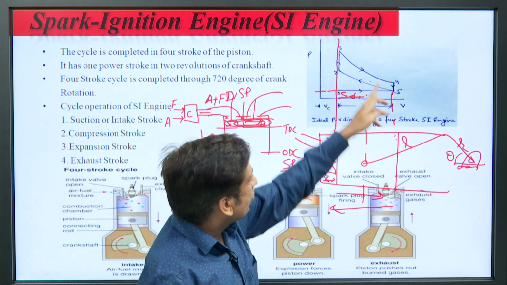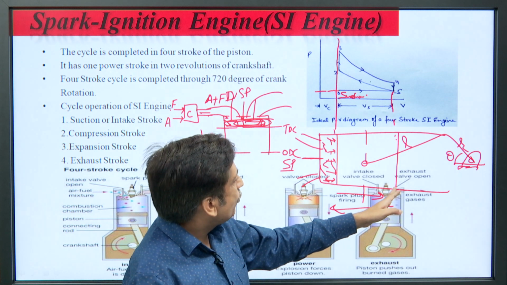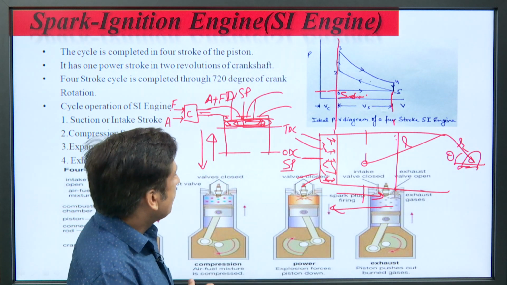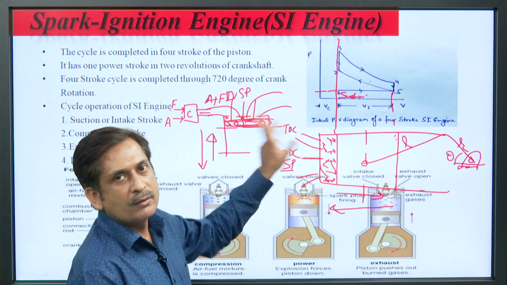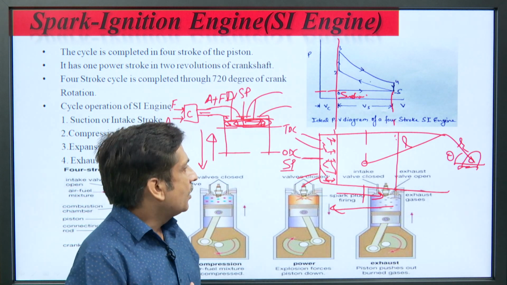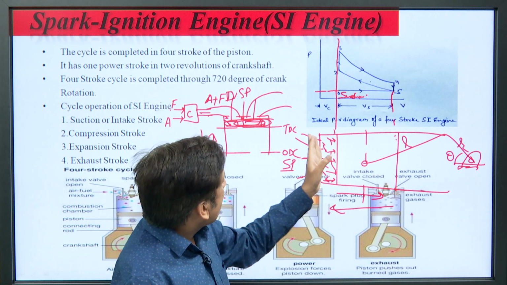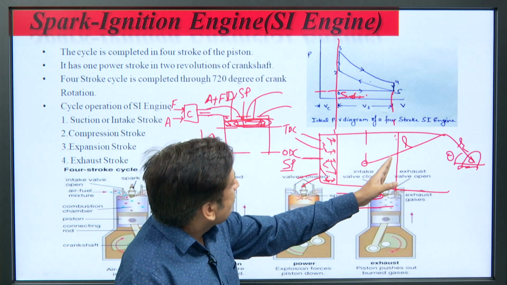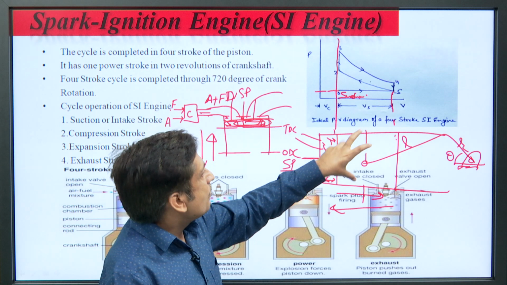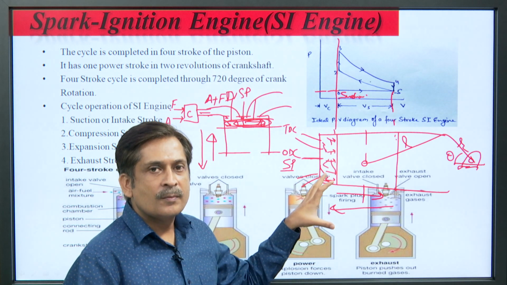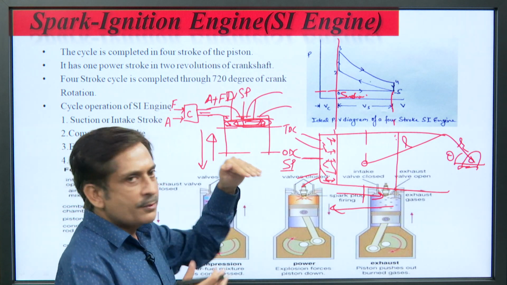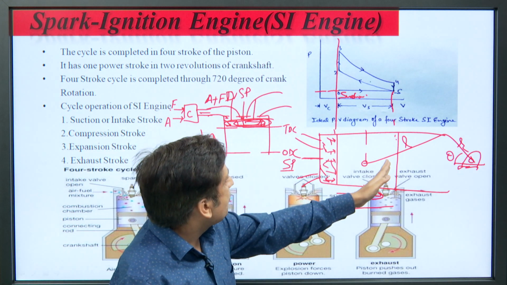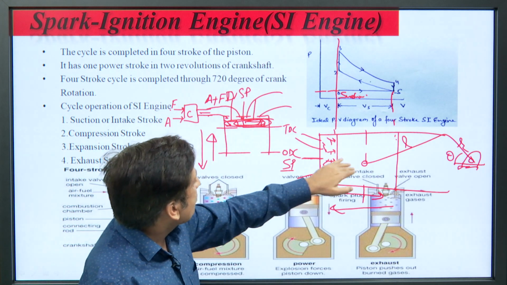So, 3 to 4. When we are at point 4, the inlet valve is still closed and the exhaust valve opens, and because of the opening of the exhaust valve, all the combustion products go out and the pressure suddenly drops.